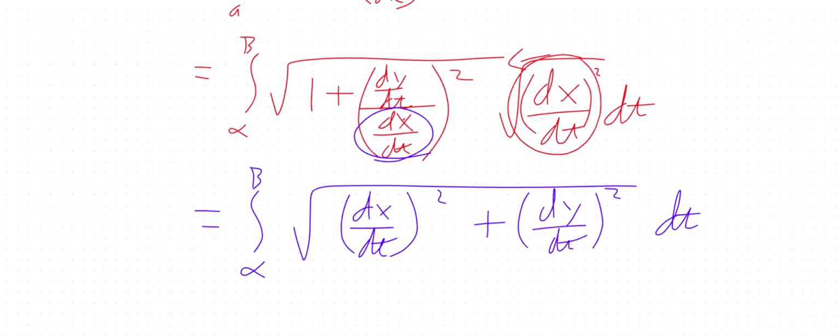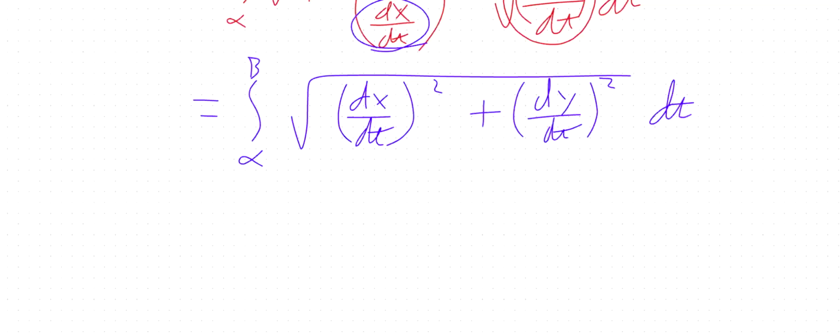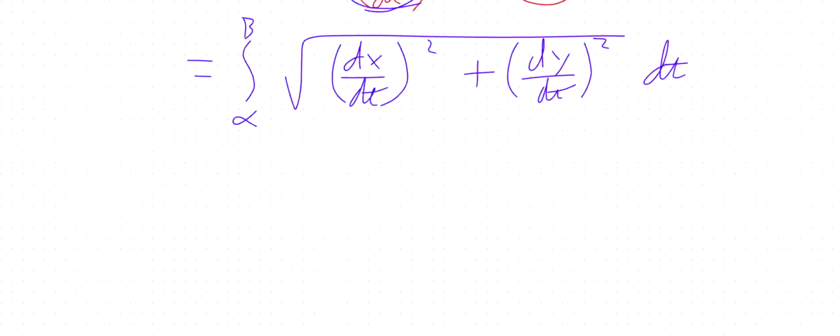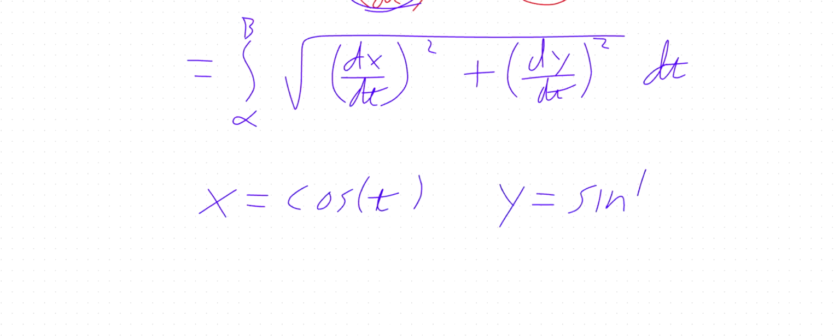So let's try an example. We have the unit circle. So x equals cosine of t, y equals sine of t, and we'll go 0 to 2 pi.